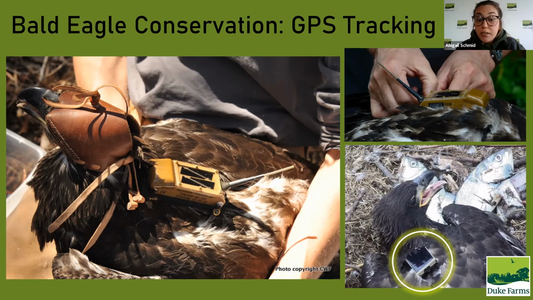So either the transmitter has died or something happened to that eagle, and they can either be found or not found. So by having the option to find them, we can then figure out what's going on, do some testing if testing needs to be done. I hope that's all making sense to everyone.